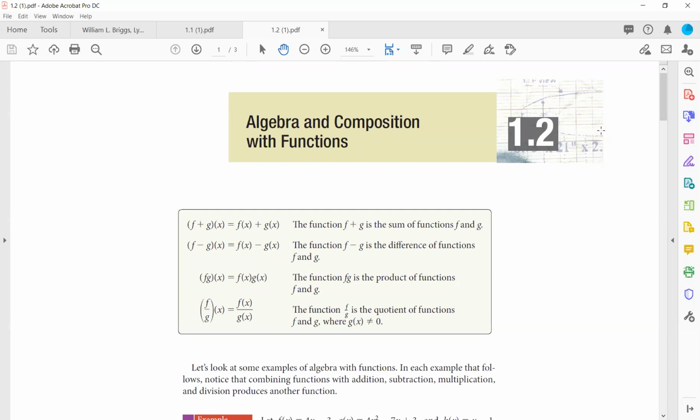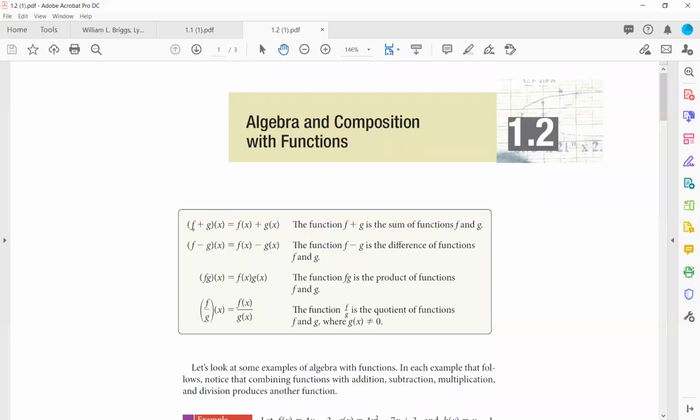Algebra and composition with functions. When you have two or more functions, you can add the functions, subtract them, find the product between two functions, and also form the quotient or division between two functions.